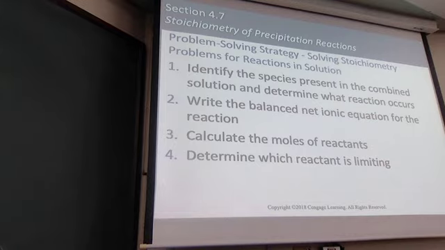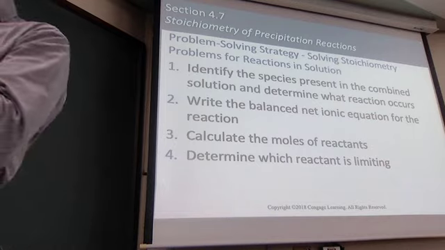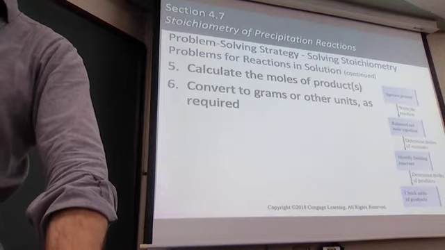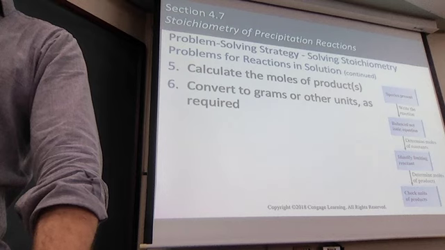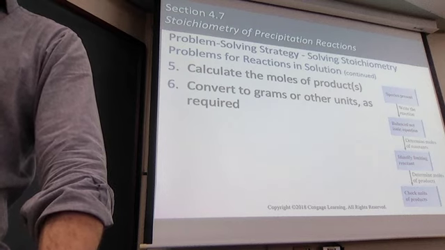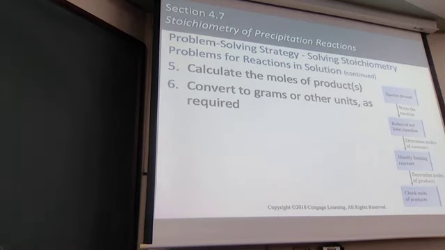Then you calculate the moles of reactant and then determine which one is limiting. And from this you can calculate how much product is formed, and you can convert this to gram or other units. So if you put two solutions together and you want to know how much product is formed, this would be exactly the way to do this, right?